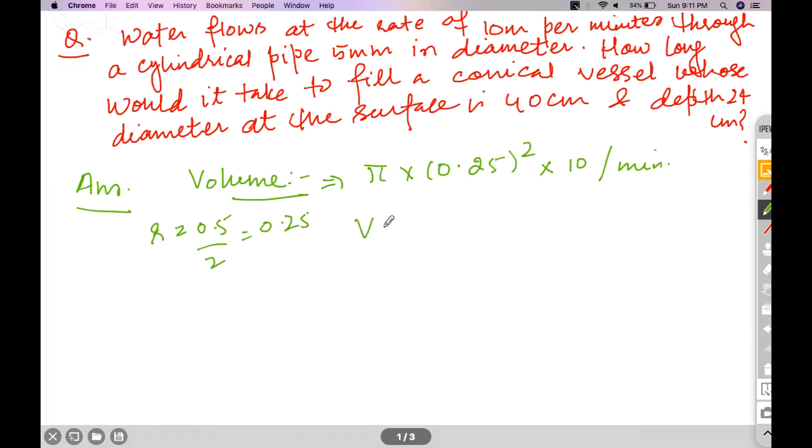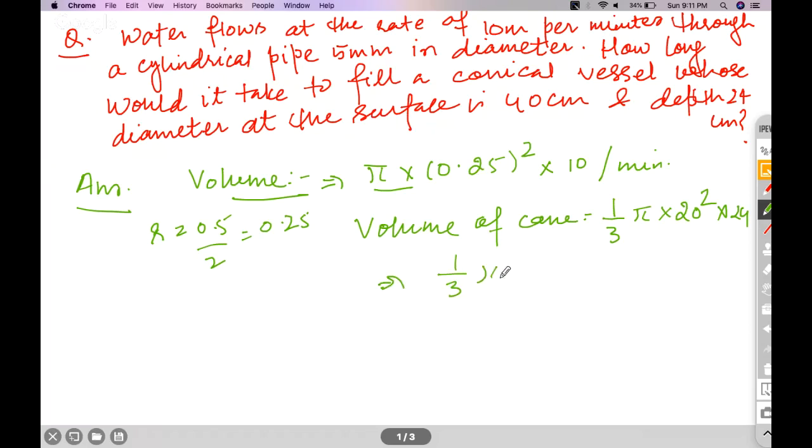And volume of cone would be 1 by 3 pi, and that is why I'm not converting this pi. R would be how much? 20 centimeter, so 20 square. H is 24. So this divided by this volume. So 1 by 3 pi 400 into 24, and this is pi multiplied by 25 square.